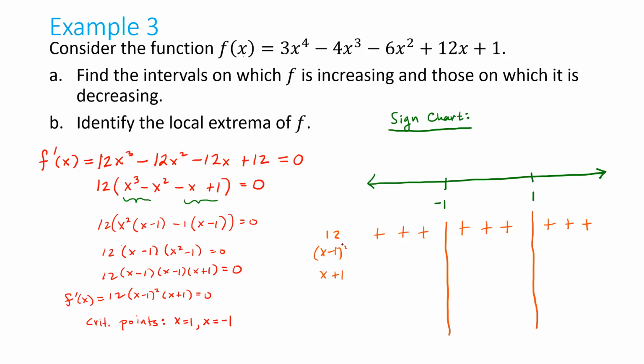X minus 1 squared, because it's squared here, notice that this one is also always positive. Anything that's squared is always going to be positive. So the only one that changes sign is x plus 1, which will be negative when x is less than -1. So it'll be only negative here, and then positive on the other two intervals.